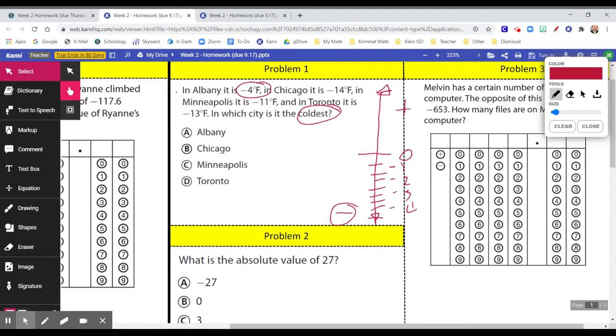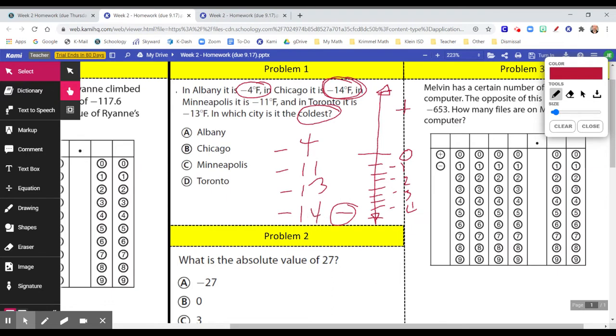So that is not the coldest, that's actually the warmest. We're looking for the coldest temperature, the most negative temperature. So we'd have -4, -11 going down, -13 going down, and -14 would be the coldest temperature.